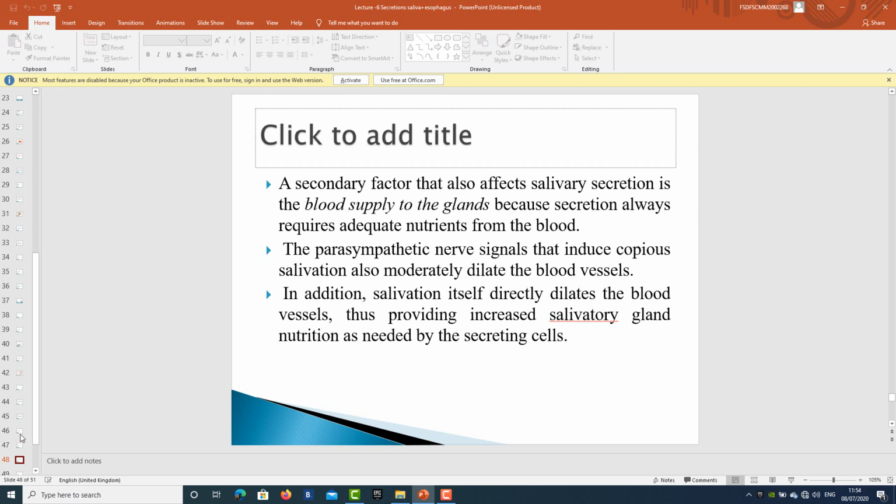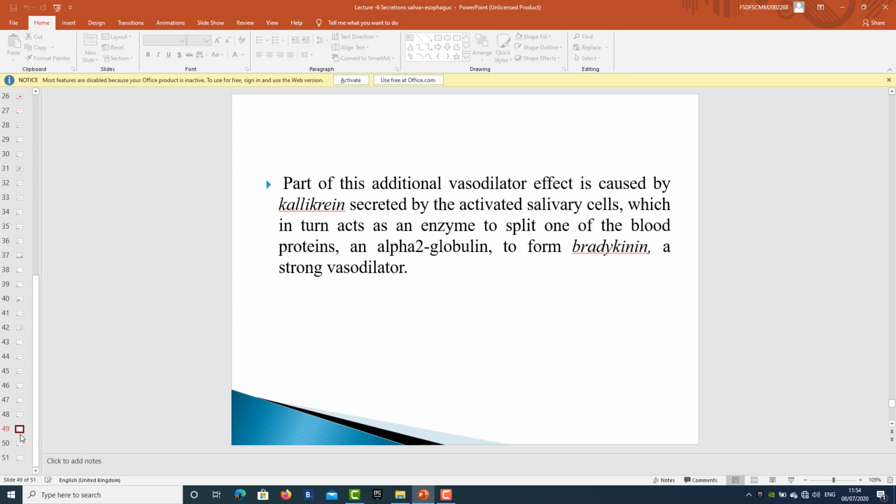In addition, salivation itself directly dilates the blood vessels, thus providing increased salivary gland nutrition as needed by the secreting cells. Part of this additional vasodilator effect is caused by kallikrein secreted by the activated salivary cells, which in turn acts as an enzyme to split one of the blood proteins, an alpha-2 globulin, to form bradykinin, a strong vasodilator.